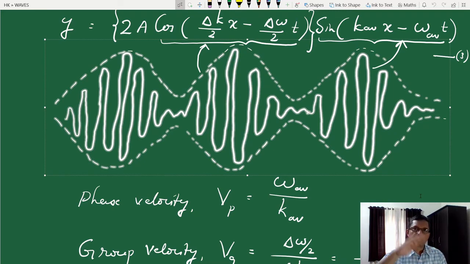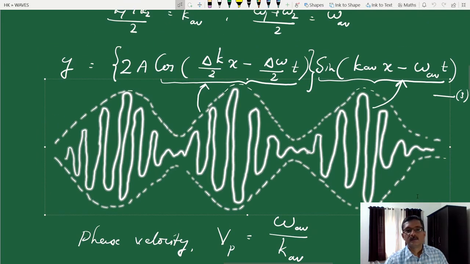Its amplitude, its sound, the loudness, it increases, becomes maximum, then decreases, then increases, like that. And the frequency with which the resultant wave, the amplitude or the resultant pitch varies, it is equal to the difference in frequencies of the individual waves. So this phenomenon is called beats.